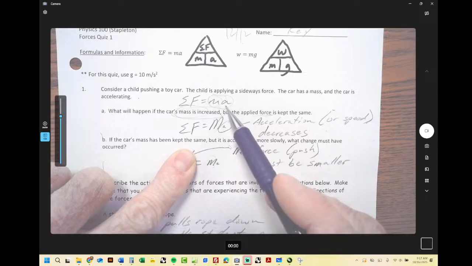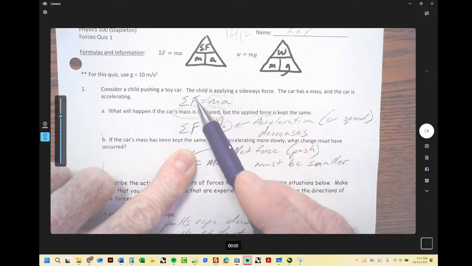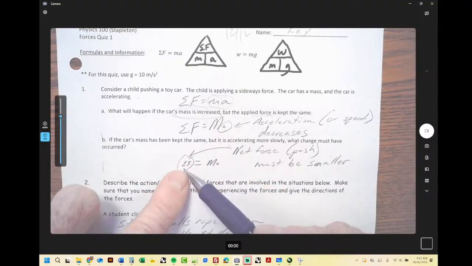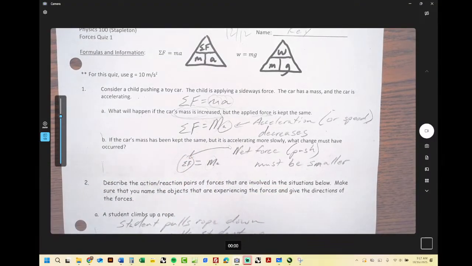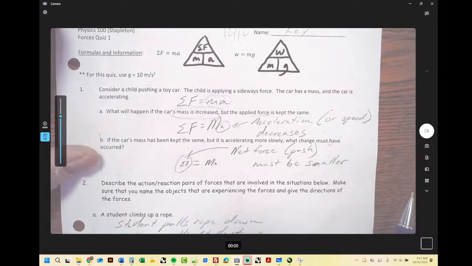So if you multiply these two numbers together, but you make this one littler, then the product is going to be small, so the force is smaller. And this is kind of common sense. I think most of you would figure that out, even if you didn't have Newton's second law to help you.